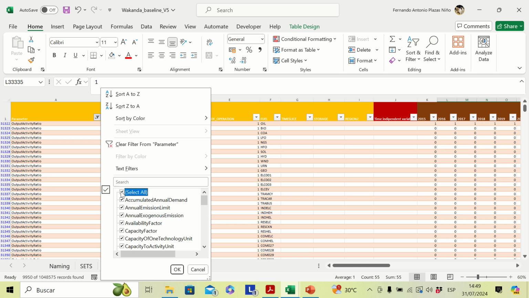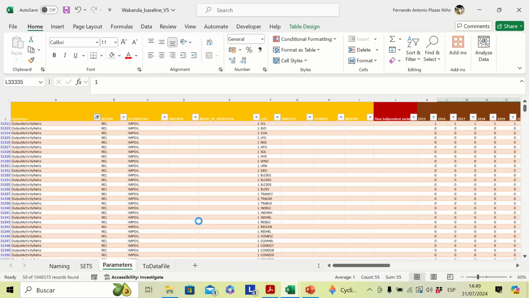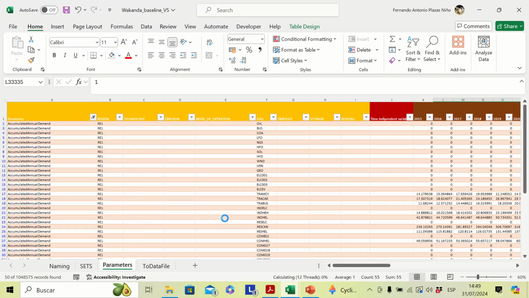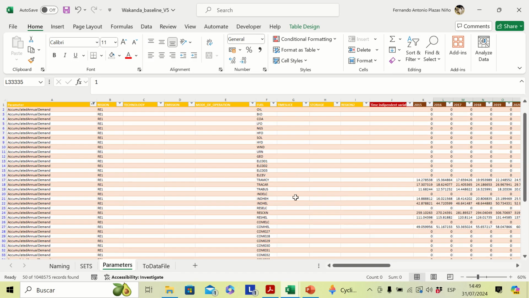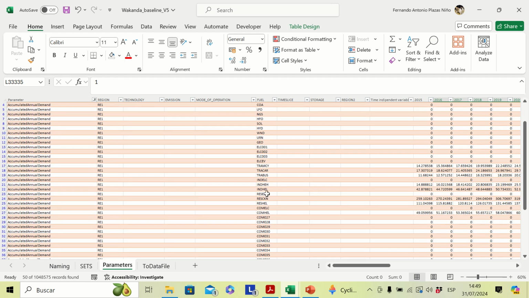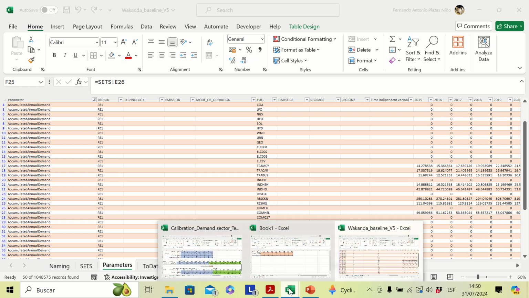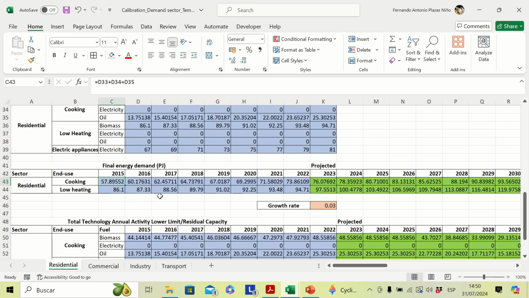So in this case, we're going to filter that parameter, accumulated annual demand, and we need the demands for the residential. So we are talking about residential, in this case CKN, and residential HEL. This is the one for cooking, and this is the one for low heating. So correspondingly, we need to go here.